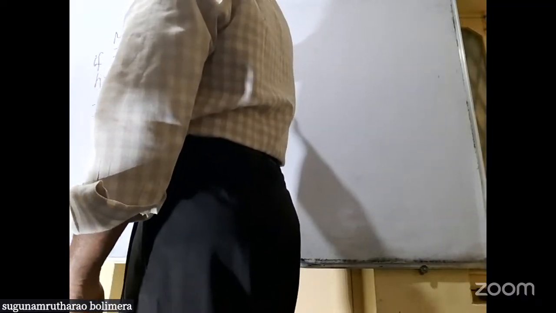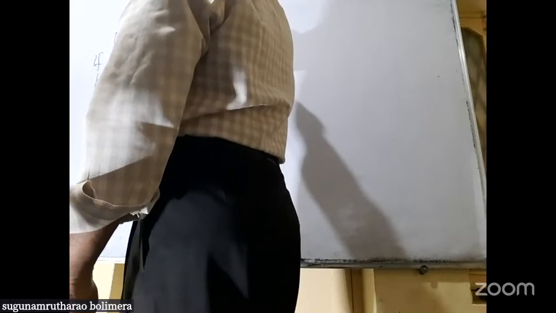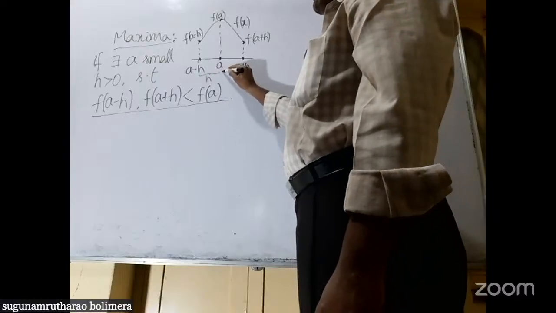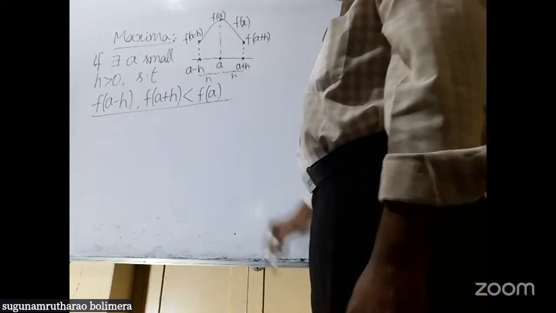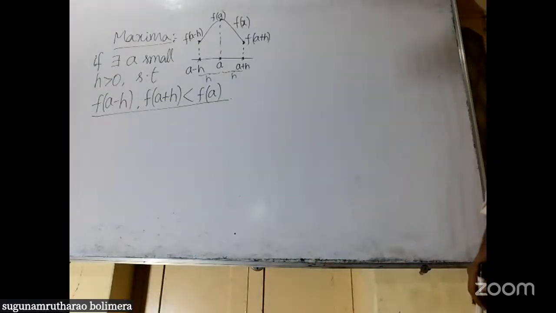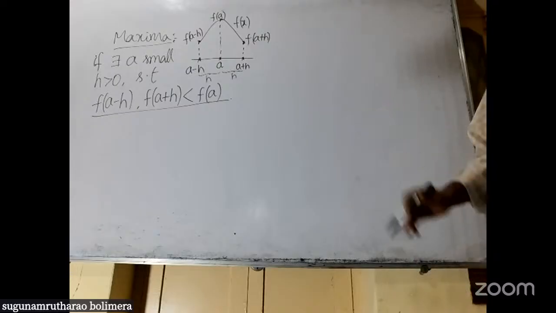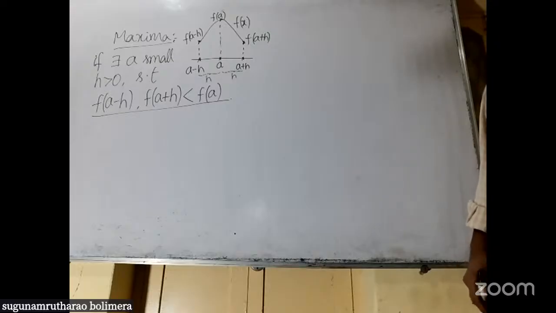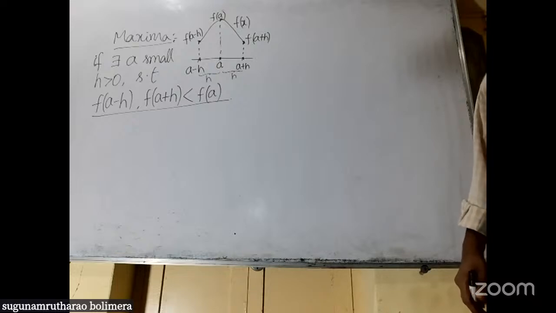This is f of a minus h, this is f of a, this is f of a plus h. This is a very small difference. Please note that diagram, then you will have some understanding about this definition. Normally, we used to find the first derivative, second derivative, and so on, but that's not the actual definition.